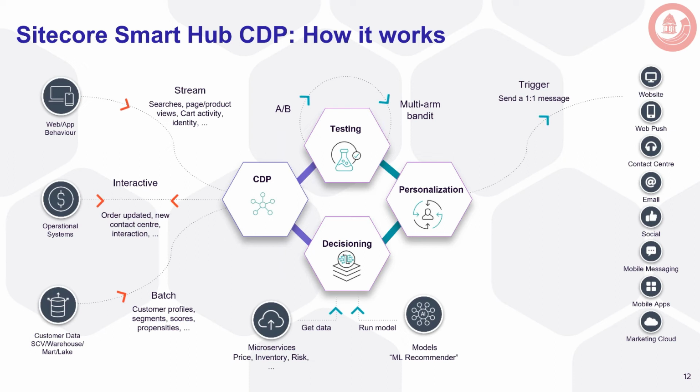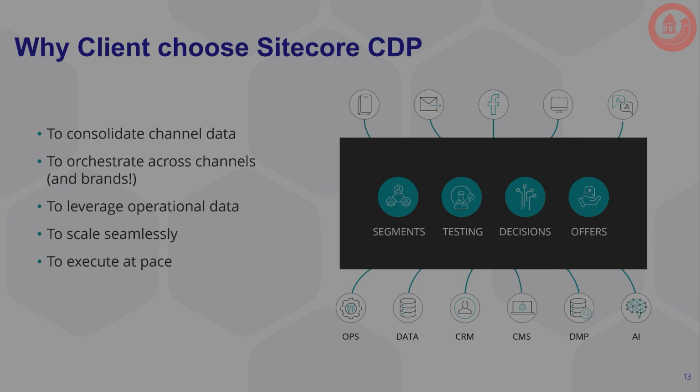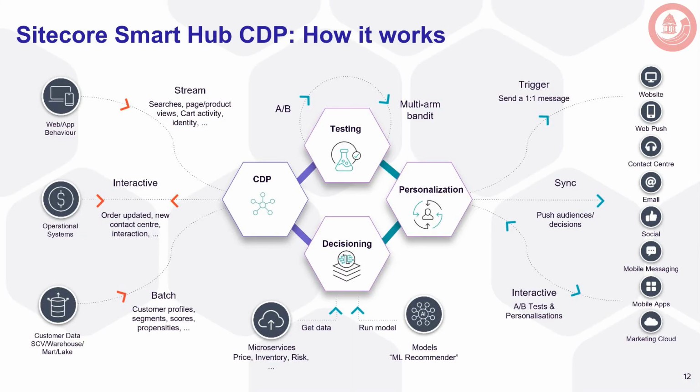Then on the right side, the features that help us trigger one-to-one messages to each channel. Then we have the audience sync that exports the segments to the external system. And then finally, we have the interactive APIs that we discussed.